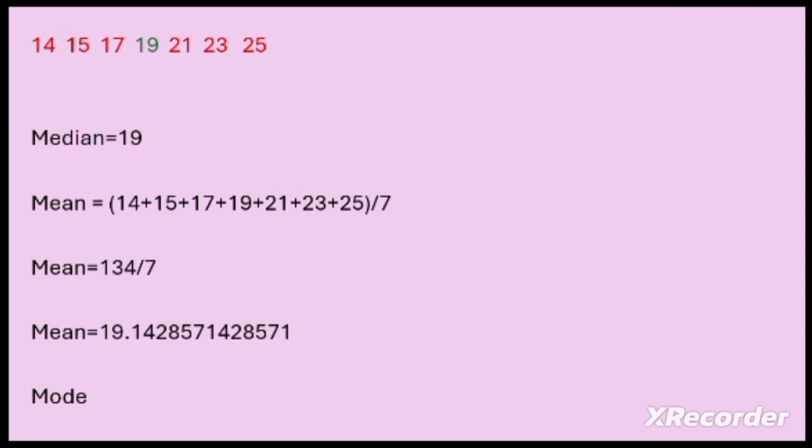We have only 21, only 23, and the number 25 also appears only once. There is no repeated value. So for the given data, we do not have any mode.